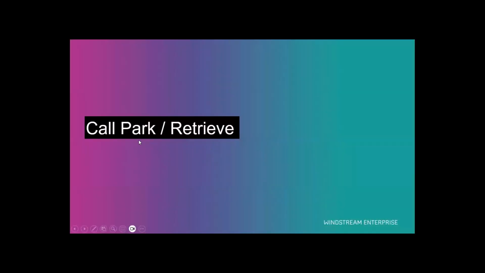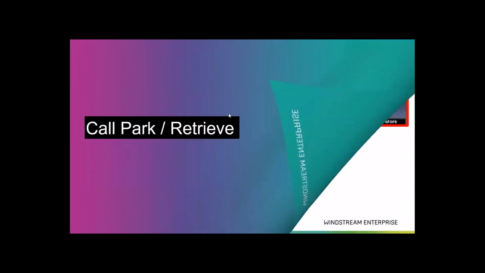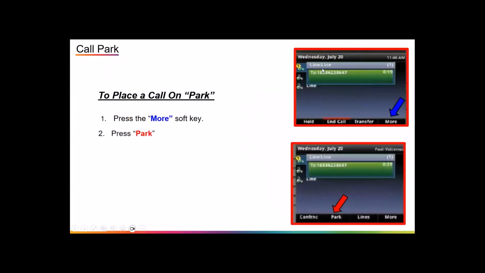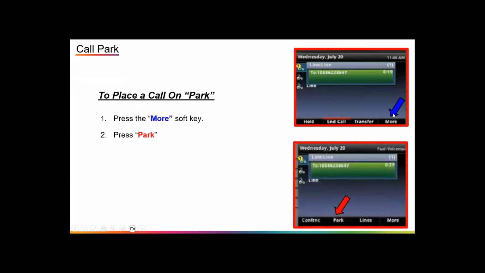All right, so next topic is going to be park retrieve, and this function gives you the ability to place a call on a virtual hold or on park, and then that call can be picked up by anyone at the office using any phone. Now, to place the call on park, let's say we have an active call on line 1. First thing you need to do is press the more soft key.